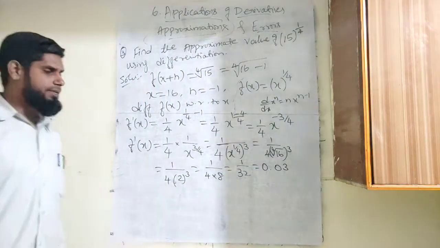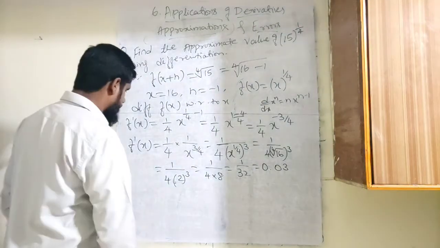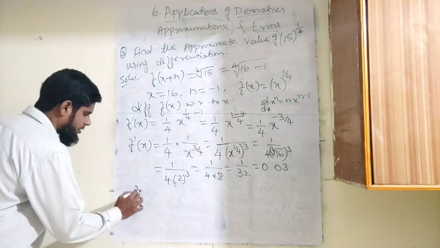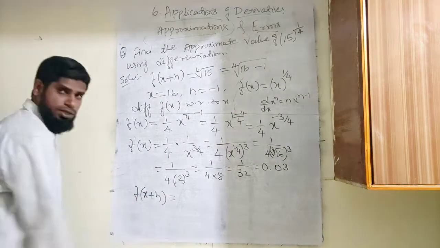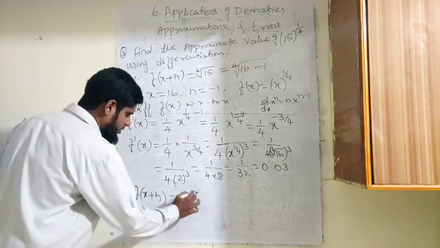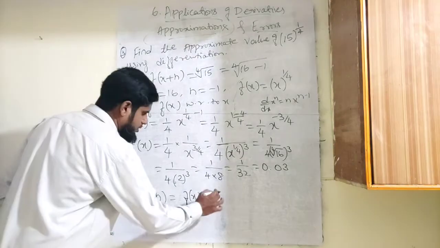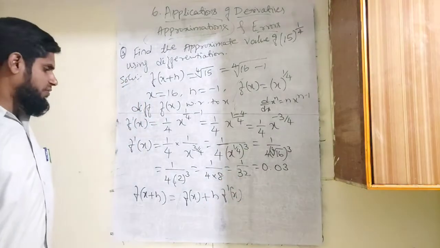Okay, 2 digits we will take, 0.03. So the formula says that f of x plus h is equal to f of x plus h into f dash of x.